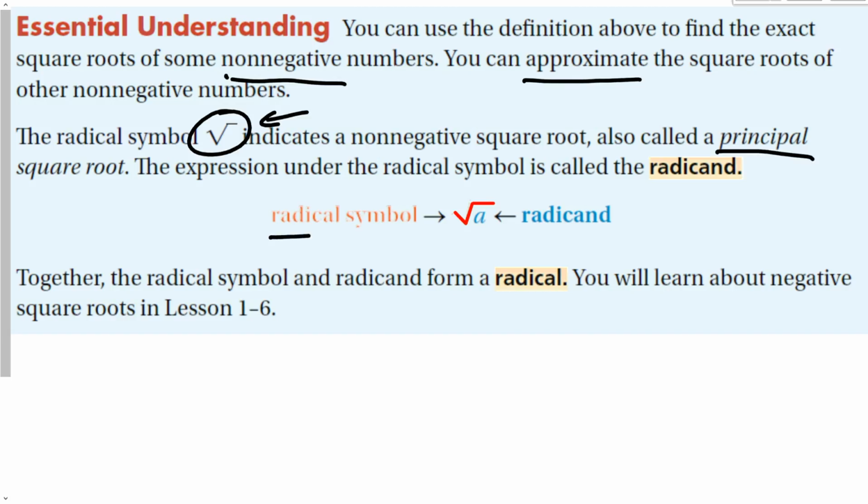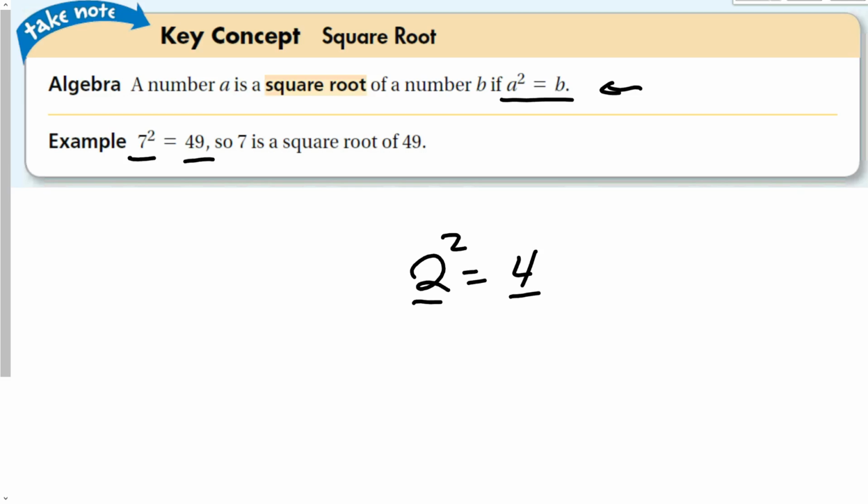Now, the radical symbol is the piece in red. The part underneath the radical symbol is called the radicand. And when you put both of these together, we have a radical. So square roots are a type of radical. They are this a squared, like we saw in the example back here.